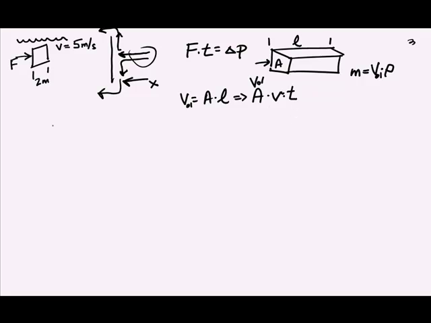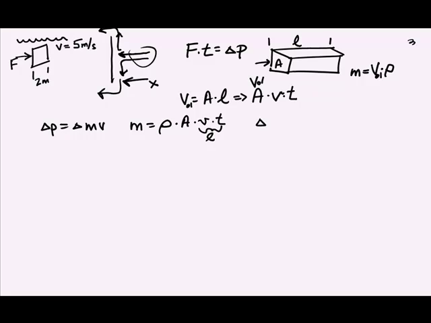Hopefully that helps. We know that our change in momentum is going to be equal to the change of the product mass times velocity. So let's see if we know what our mass is. Our mass is going to be our density times the area times velocity times the amount of time, because this will end up giving us the length of our rectangular solid.